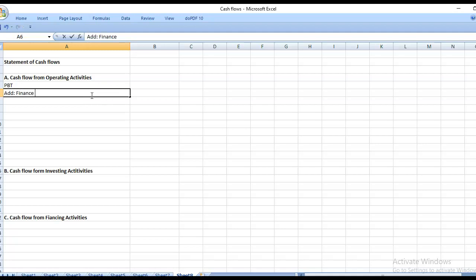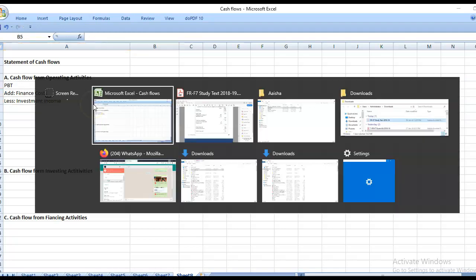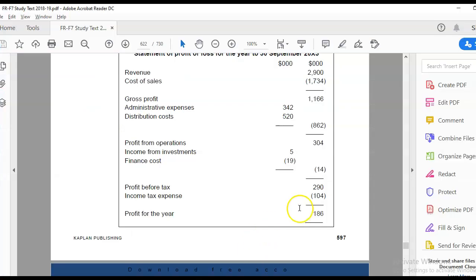If you want to remove the impact of finance cost, you'll have to add back. And if you want to remove the impact of investment income, you'll have to less it. So that's investment income for us. So 290, 19 and 5.